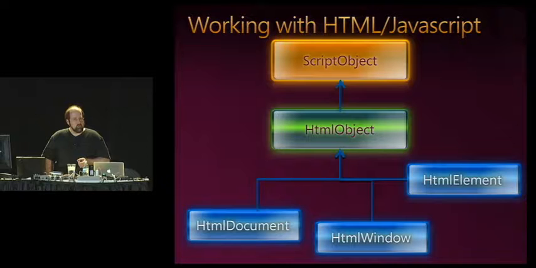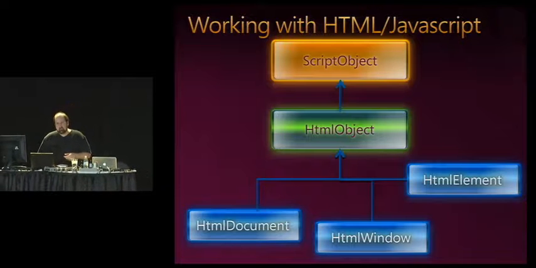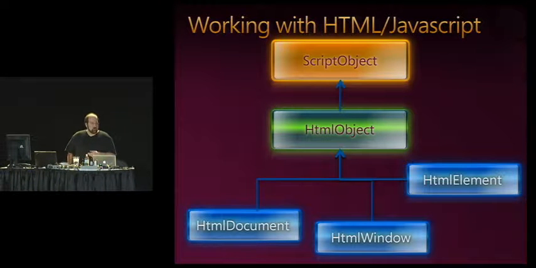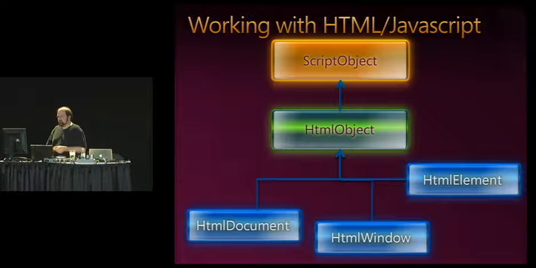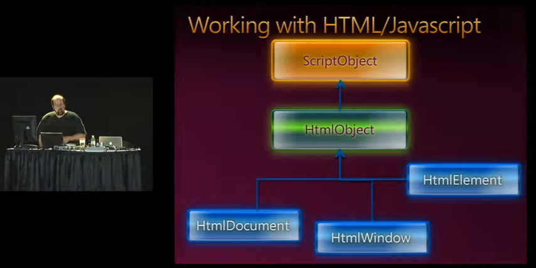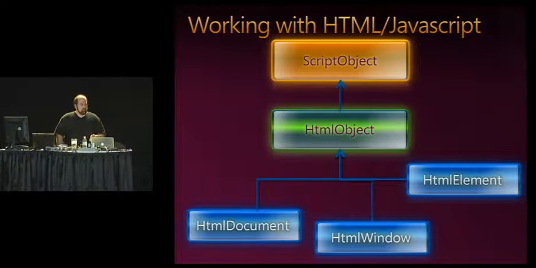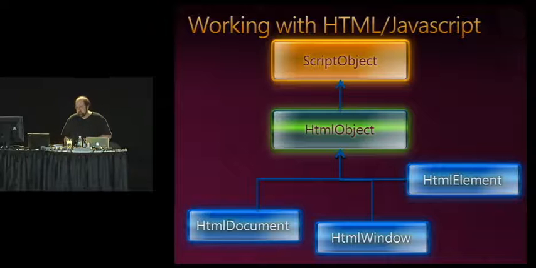If you were here for MIX last year, you probably saw a slightly different version of this slide. There haven't been any major changes in terms of the types. Basically, we can give you a managed representation of a document and a managed representation of a window. And then you can reach out and get a hold of elements, which come back as HTML element instances.